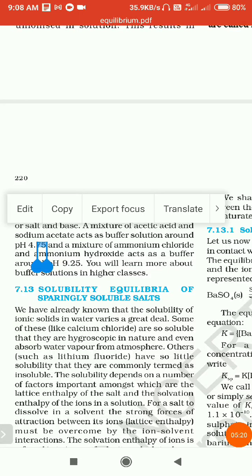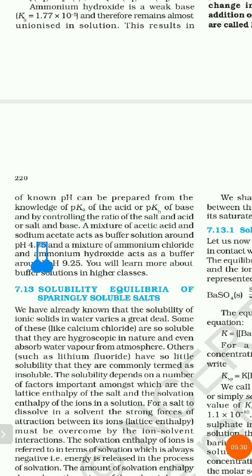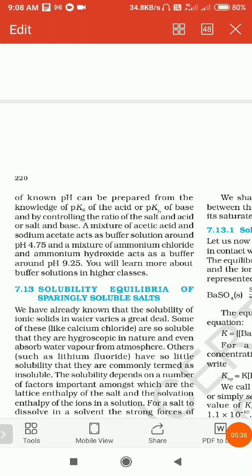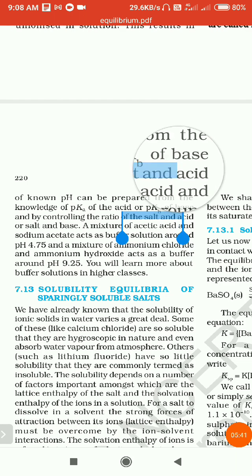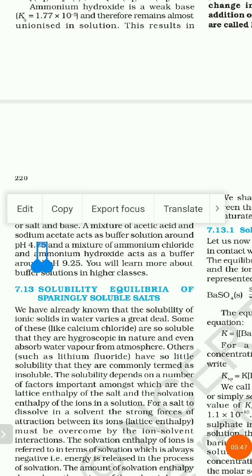And a mixture of ammonium chloride and ammonium hydroxide acts as a buffer solution around pH value 9.25. That means if you add a small amount of acid or base, the pH remains constant. For example, at pH 4.75 in the buffer solution, there is no increase and no decrease; that value remains constant.